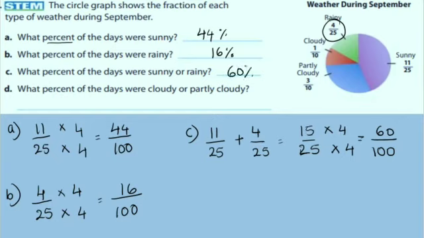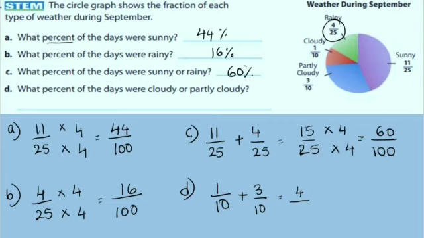Last question. What percent of days were cloudy or partially cloudy? We have in the graph, cloudy is 1 over 10 and partially cloudy is 3 over 10. Let's add these two. Since the denominator is the same, we need to add the numerators. You will see addition, subtraction, multiplication and division of fractions in other videos.